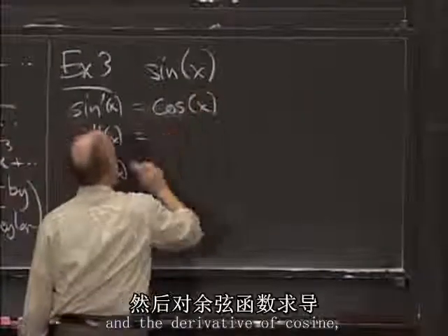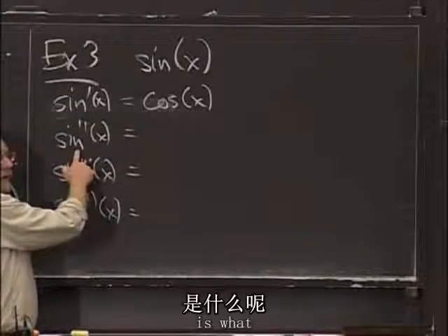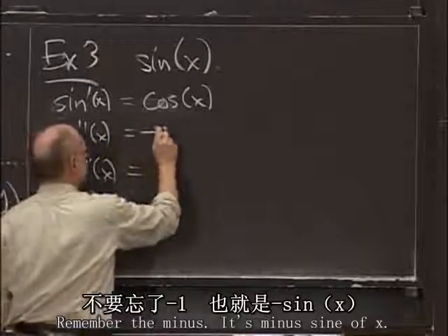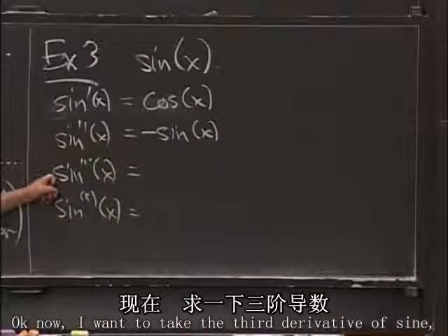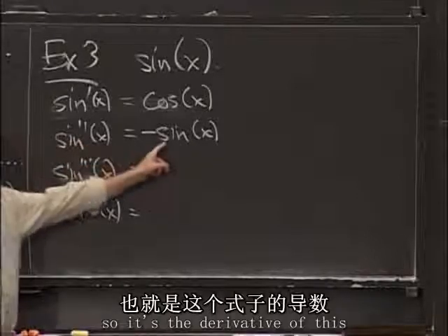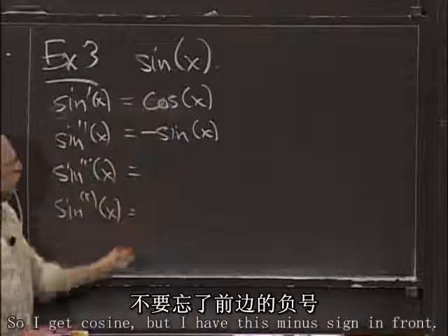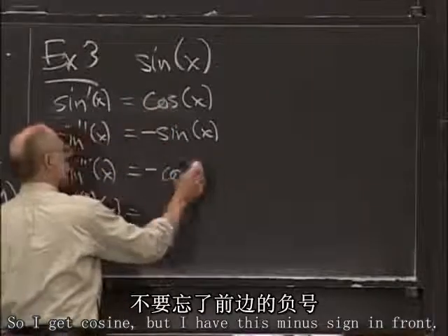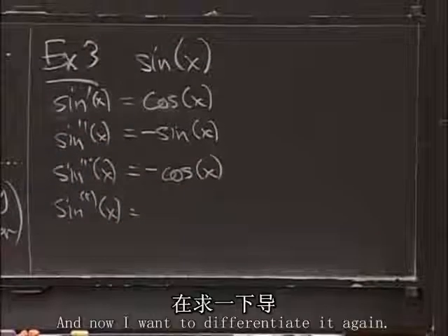And the derivative of the cosine, that's the second derivative of sine, is what? Remember the minus. It's minus sine of x. Okay, now I want to take the third derivative of the sine, which is the derivative of sine prime prime. So it's the derivative of this. And we just decided the derivative of sine is cosine, so I get cosine, but I have this minus sign in front. And now I want to differentiate again.